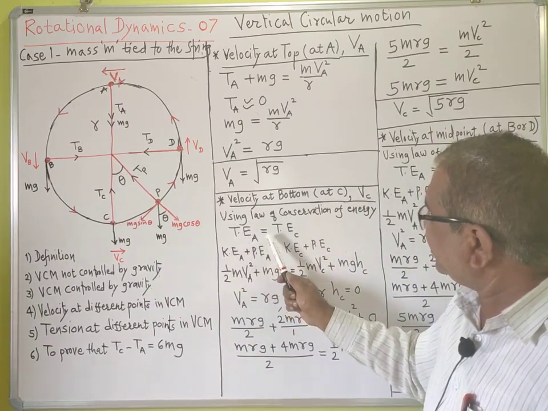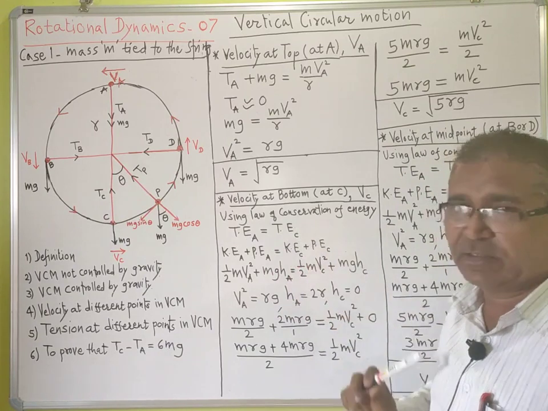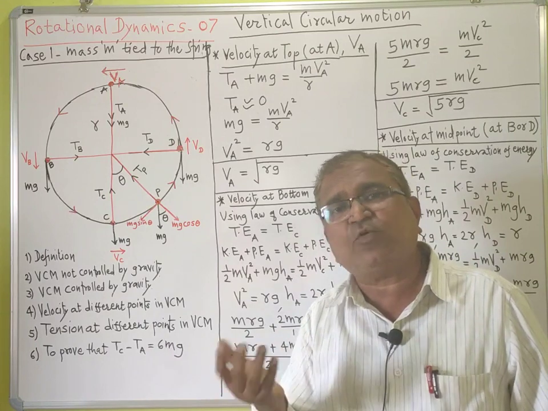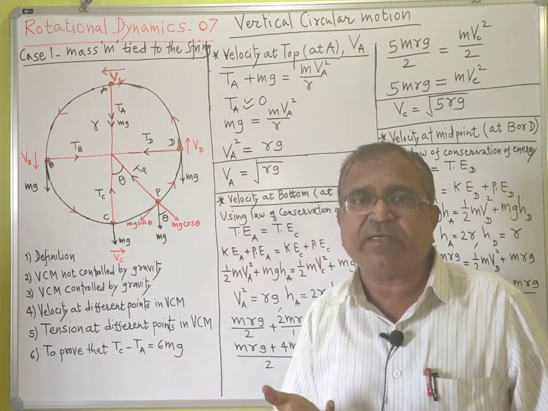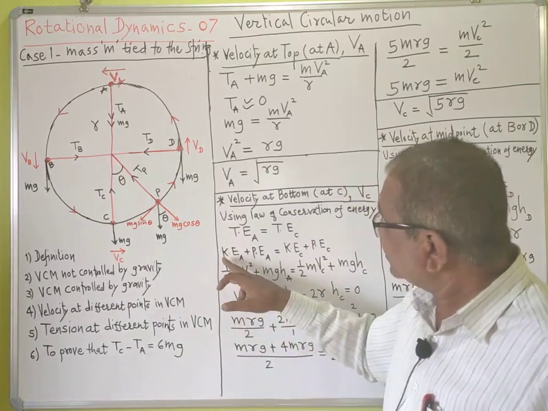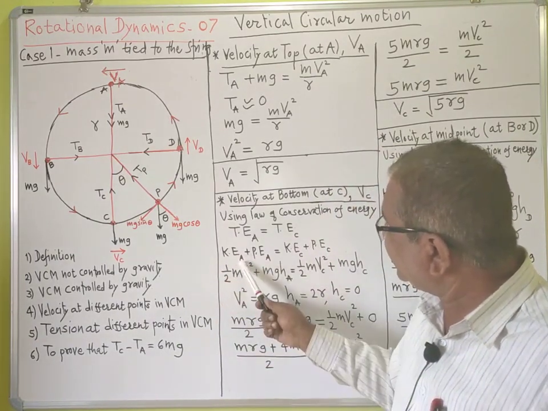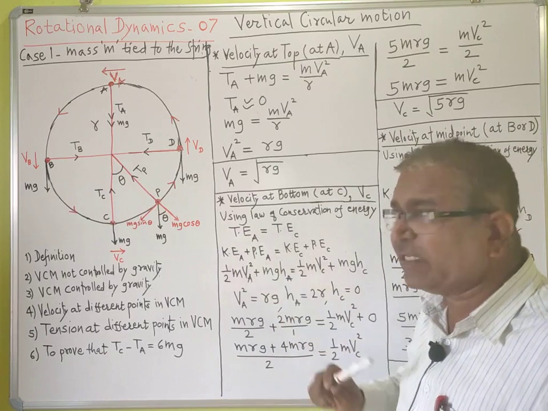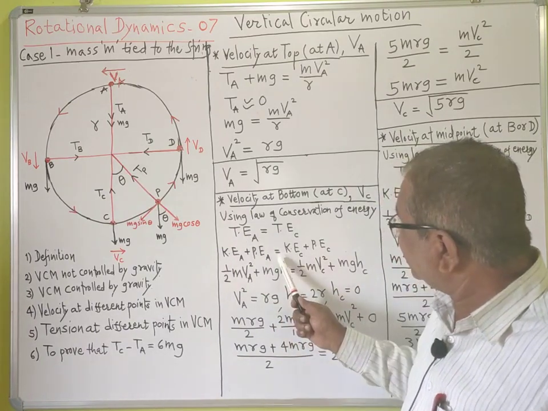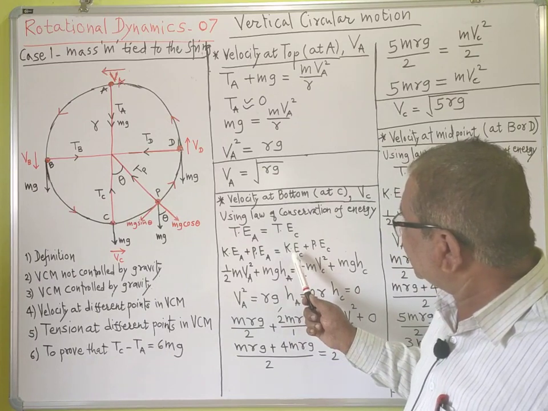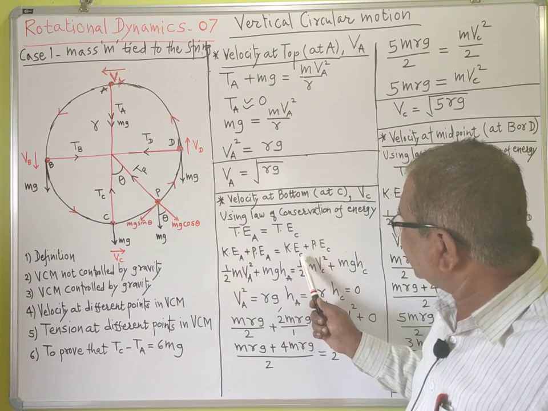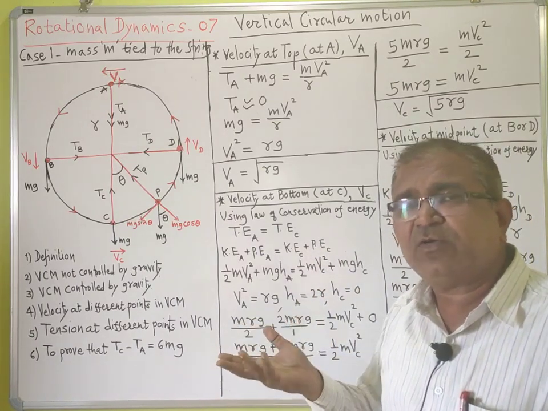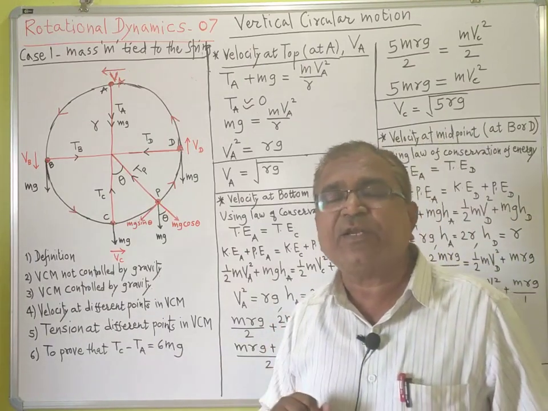TE at A equals TE at C. Total energy is a combination of kinetic energy and potential energy, that we know very well. So I have written here kinetic energy at A plus potential energy at A, which is the total energy at A, equal to, by the same concept, kinetic energy at C plus potential energy at C. We know very well the formula of kinetic energy and the formula of potential energy.